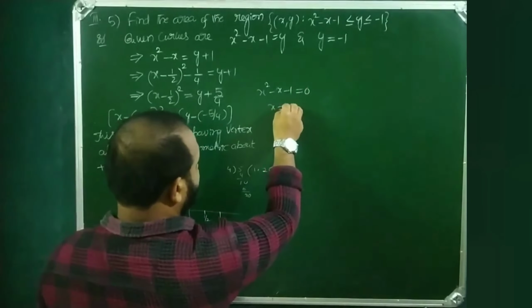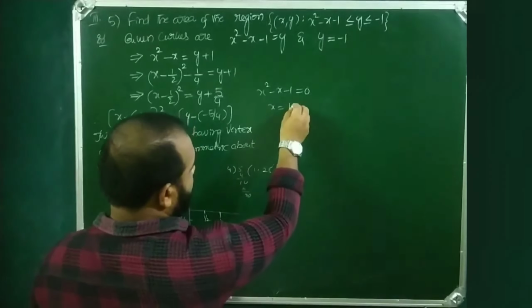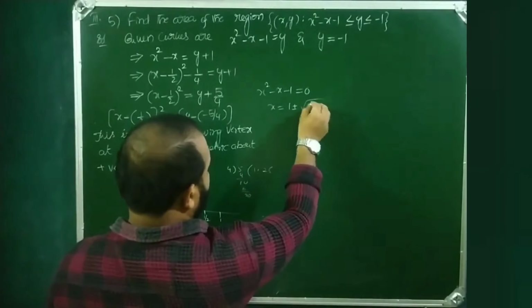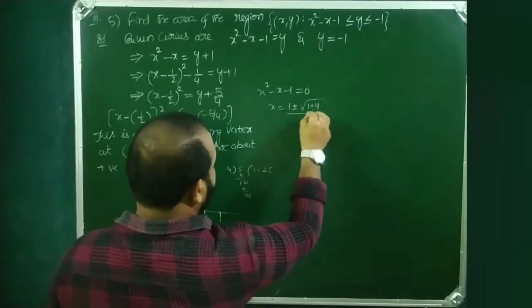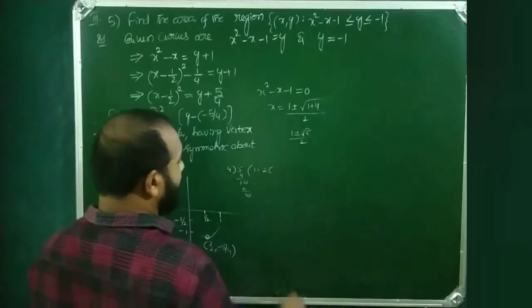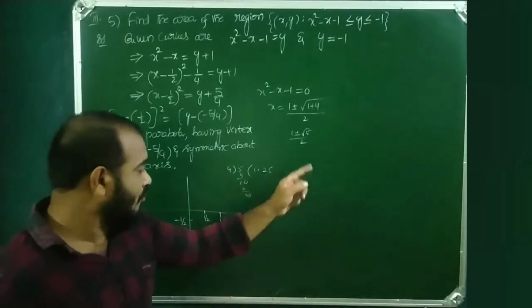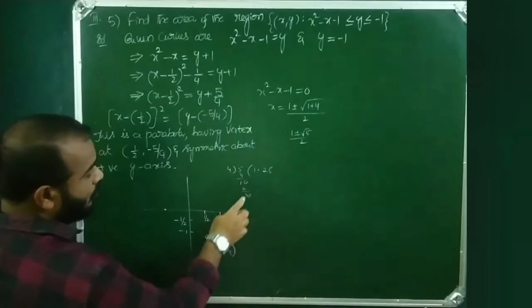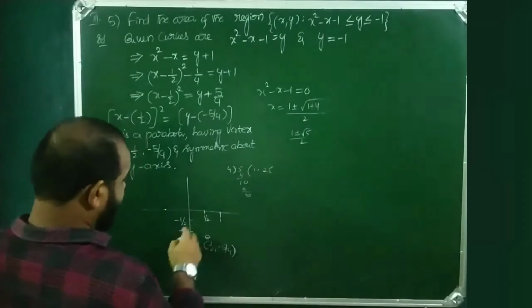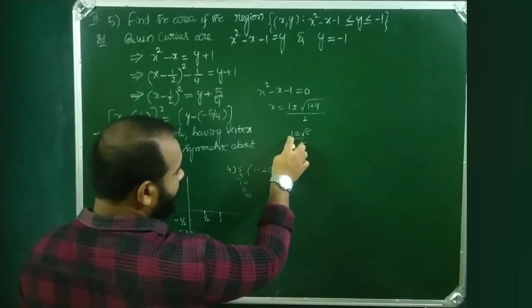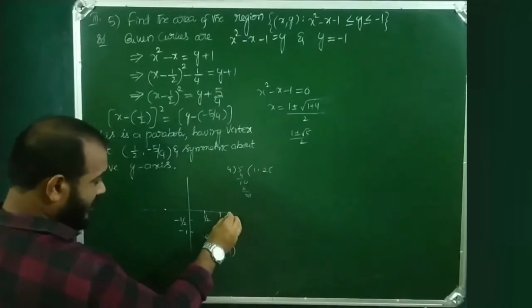So x is equals to minus b plus or minus square root of b square minus 4ac by 2a. So 1 plus or minus root 5 by 2. So 1 plus root 5 by 2 will be somewhere here, and 1 minus root 5 by 2 is here. Root 5 value is 2 point something. 2 plus 1, 3. 3 by 2 is 1.5. Somewhere here.